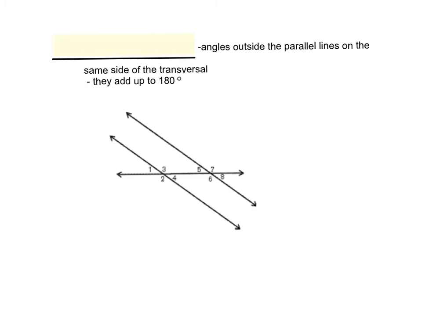All right, so now we are outside the parallel lines and same side. Can you guess what it's called? Same side exterior. All right, so let's color them. Same side exterior. So this one's exterior, and it's above my transversal.